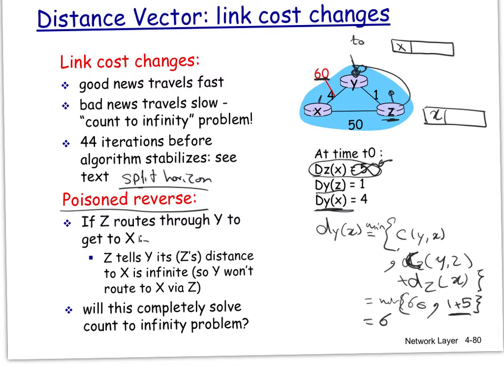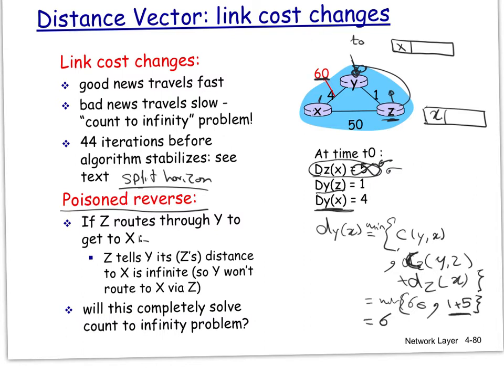Okay? So this is the split horizon with poison reverse. We call this poison. Okay? So we poison the route back when we send it to Y. So now, how can this solve this particular problem?